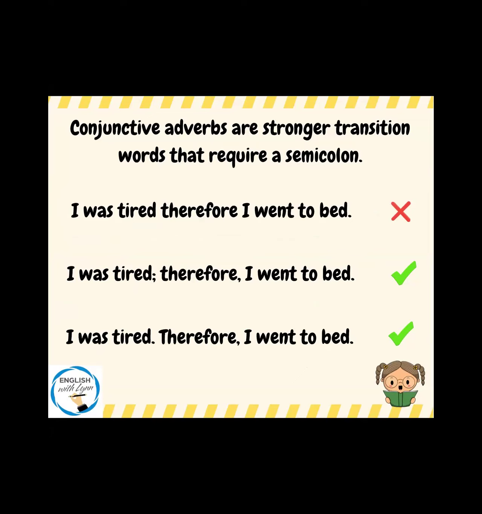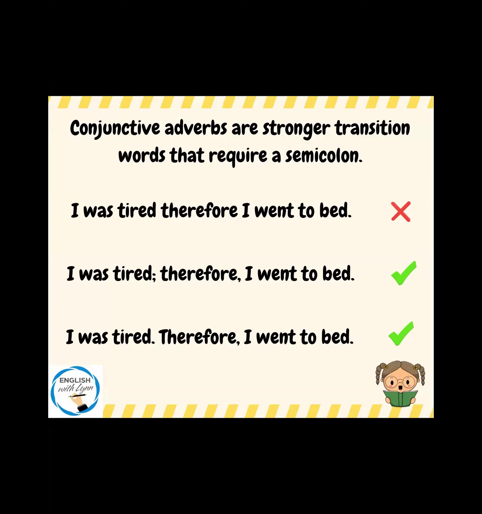So what I could do, because the ideas are closely linked, I could say, I was tired; therefore, I went to bed. You could also have, I was tired. Therefore, I went to bed. Personally, I would use the semicolon because the ideas are quite closely linked.